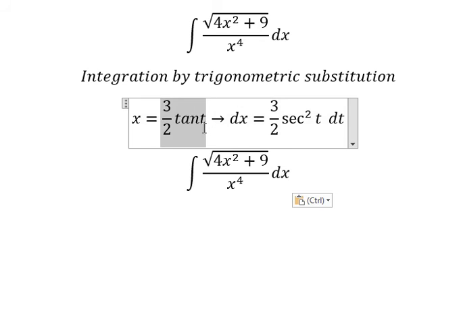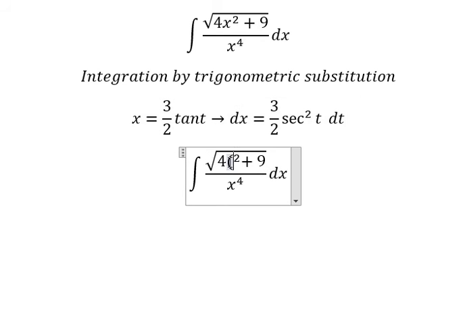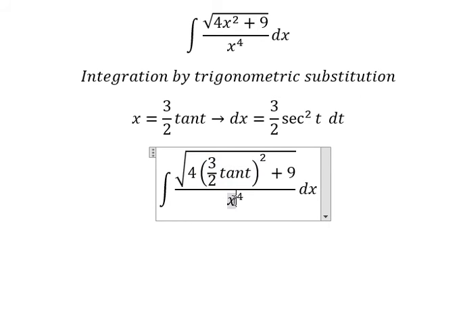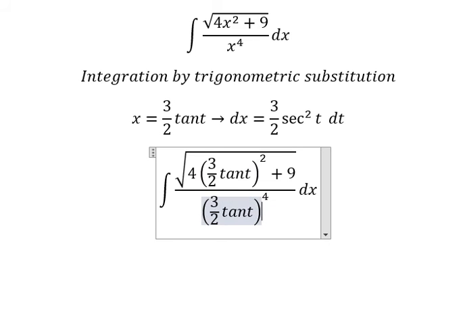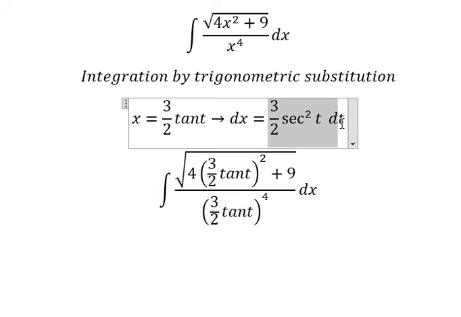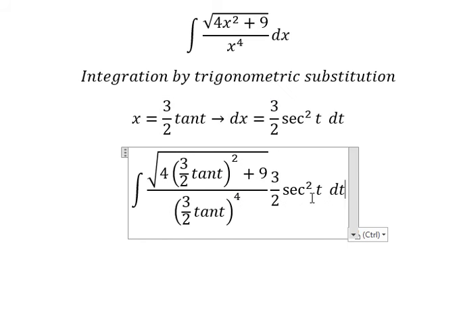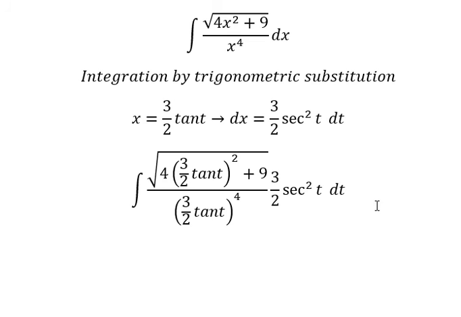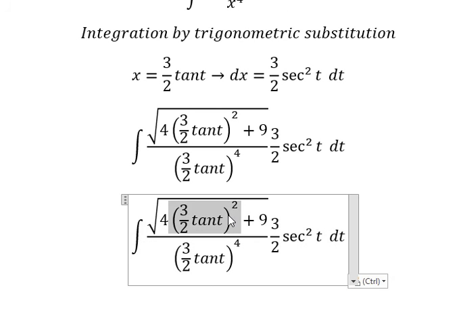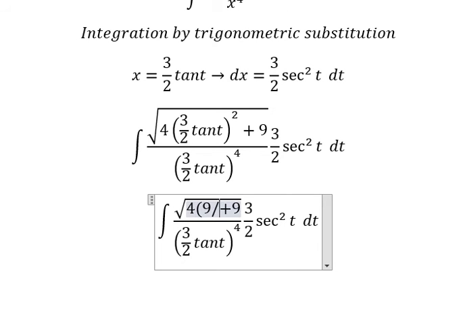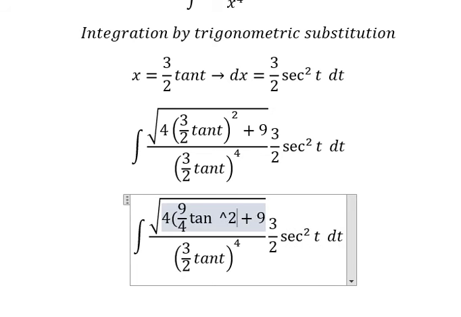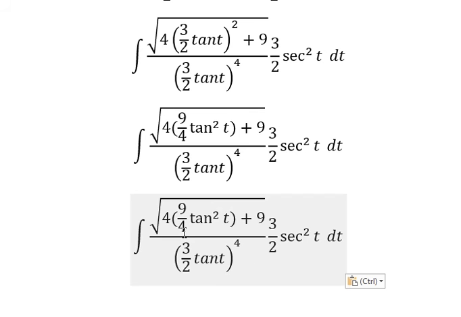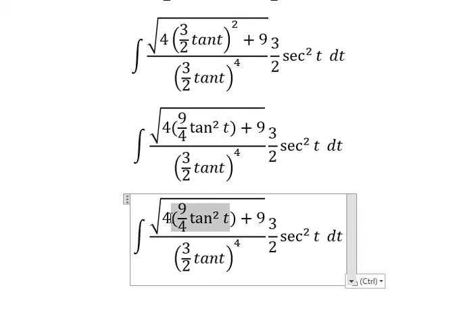So I will put this one in here and here. The dx we change by this one. This one we have 9/4 tan² t. The 4, we cancel.